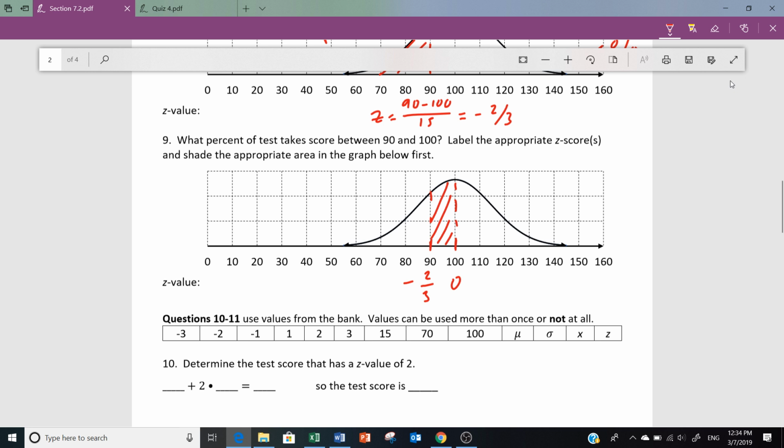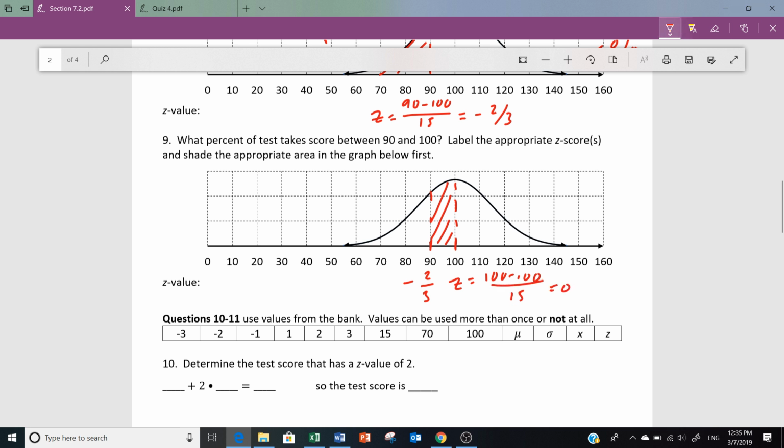Why is the z value of 100 0? 100 minus 100 is 0. One way we can do this is to use the z value formula, but the mean always has a z value of 0 because it's in the middle. I'm going to just do it to show that if you do 100 minus 100 and then divide by 15, you get 0.